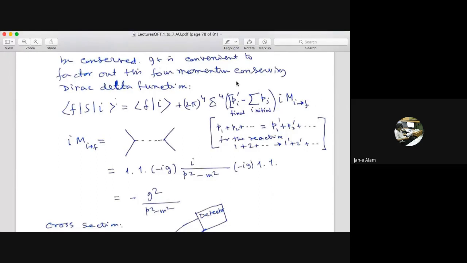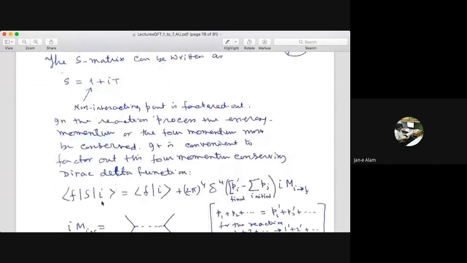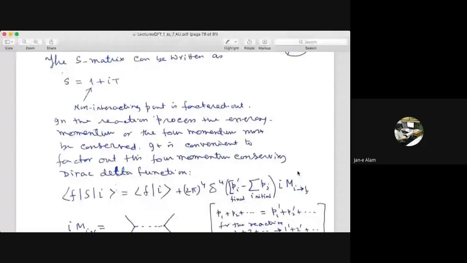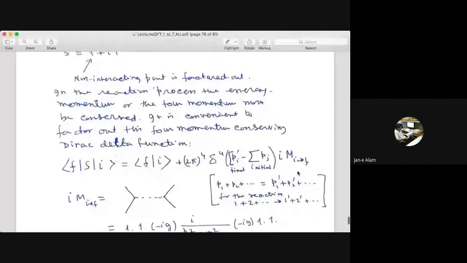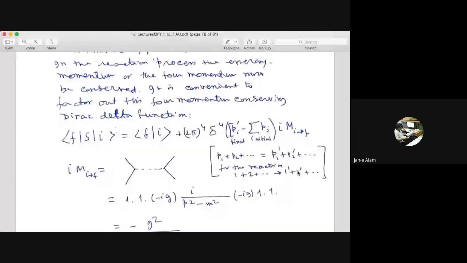The S matrix, as I said, comes with the Dirac delta function, which implements the energy momentum conservation, because without energy momentum conservation no reaction will take place, 1 plus 2 going to 1 prime plus 2 prime.